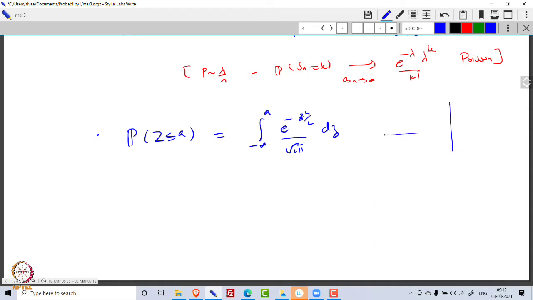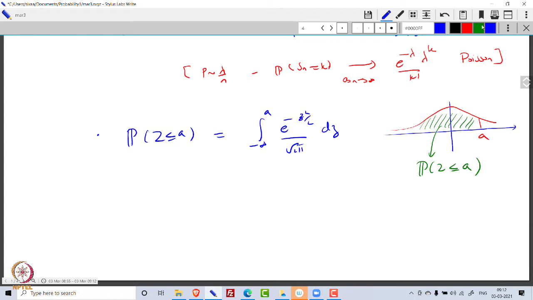This is essentially the area under the curve of the density function, up until the point A. This is the chance that Z was less than or equal to A.